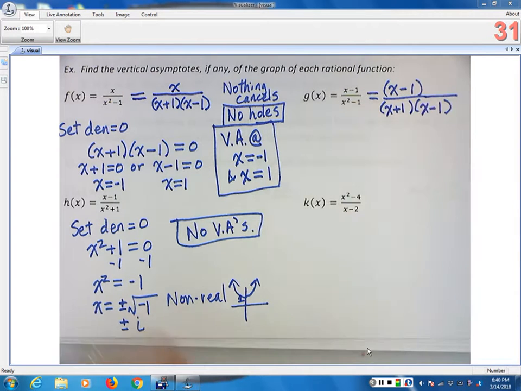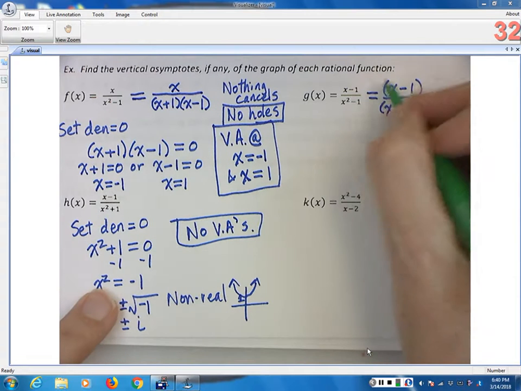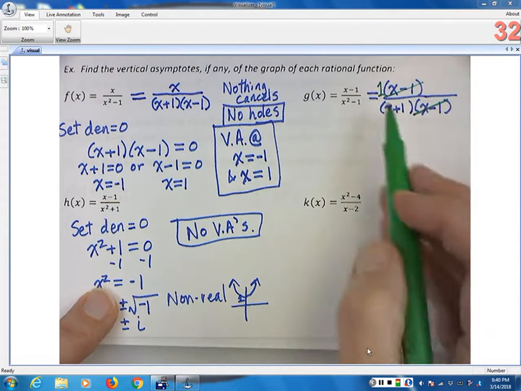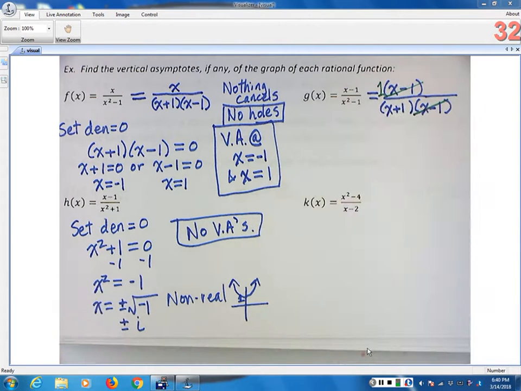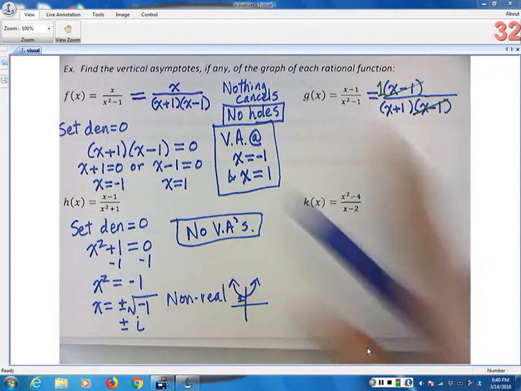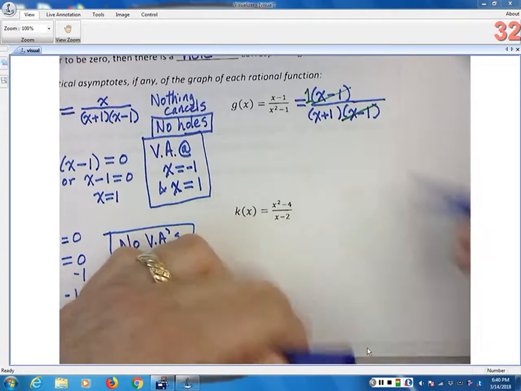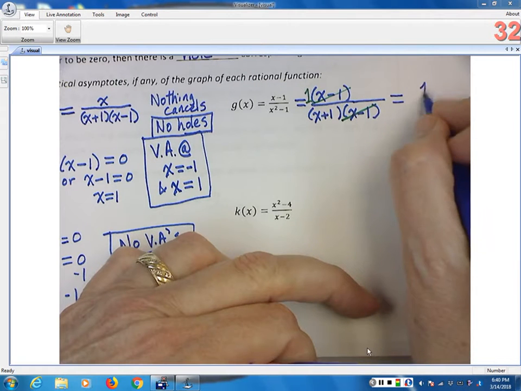And there is an understood 1 here in front of the x minus 1. So we can cancel the factors x minus 1. But you're not left with 0 on the top. You're left with a 1. There's an understood 1 there. So we write 1 over x plus 1.